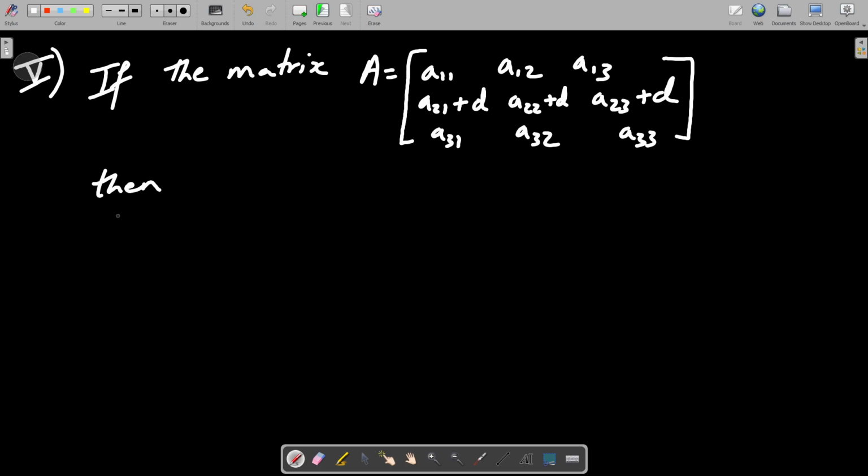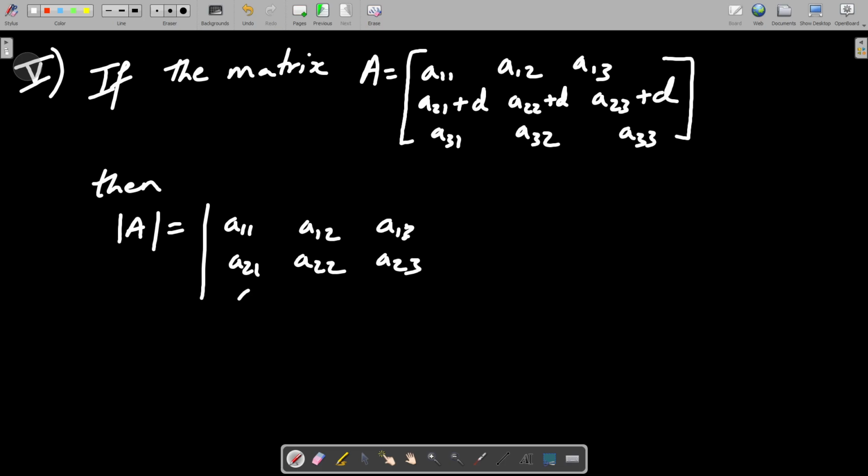Then determinant of A can be computed like this. You can write A11, A12, A13, then A21, A22 and A23, A31, A32, A33, plus this.